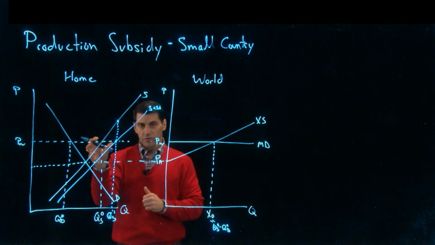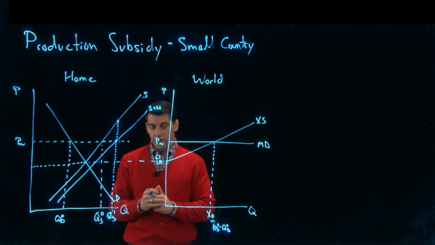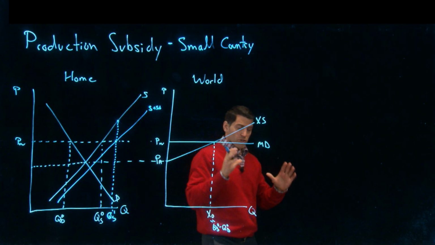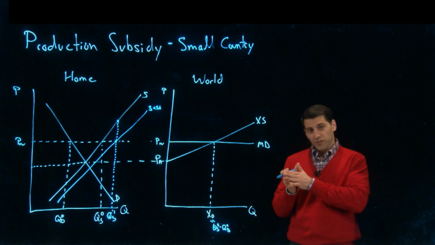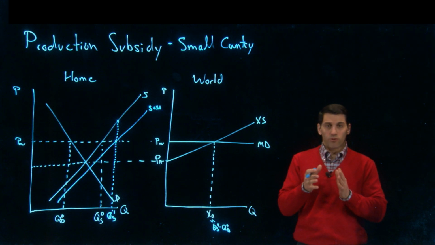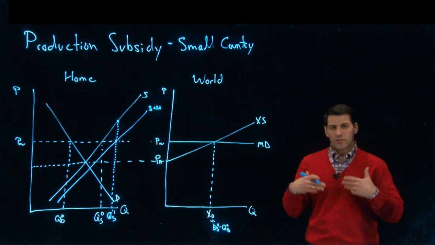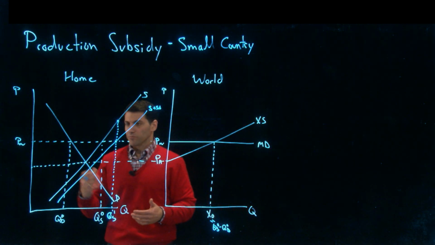And all of the loss is going to come because of the fact that we're increasing our production. And remember that the distortions come from the fact that we're changing the quantities supplied and the quantity demanded. Right? We're not getting the optimal quantities produced and consumed. That's what's creating deadweight loss. That's what's creating the distortions.